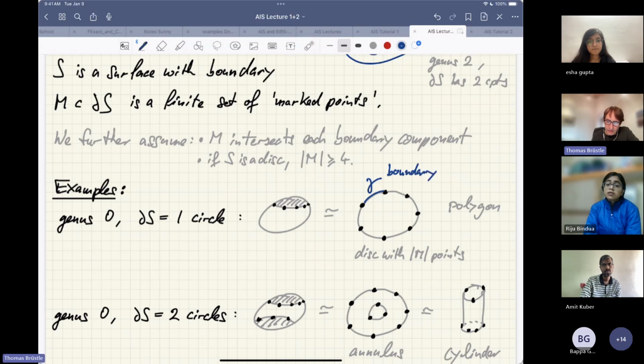But such a gamma here would be internal. So the actual diagonals are internal arcs. Let's call this boundary arc gamma boundary, since it is on the boundary, and let's call this one here gamma internal.